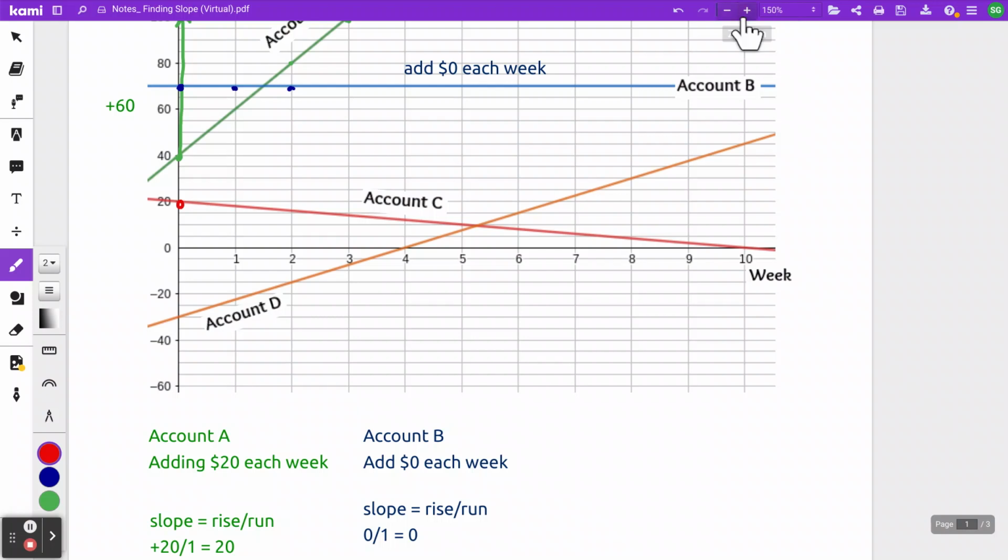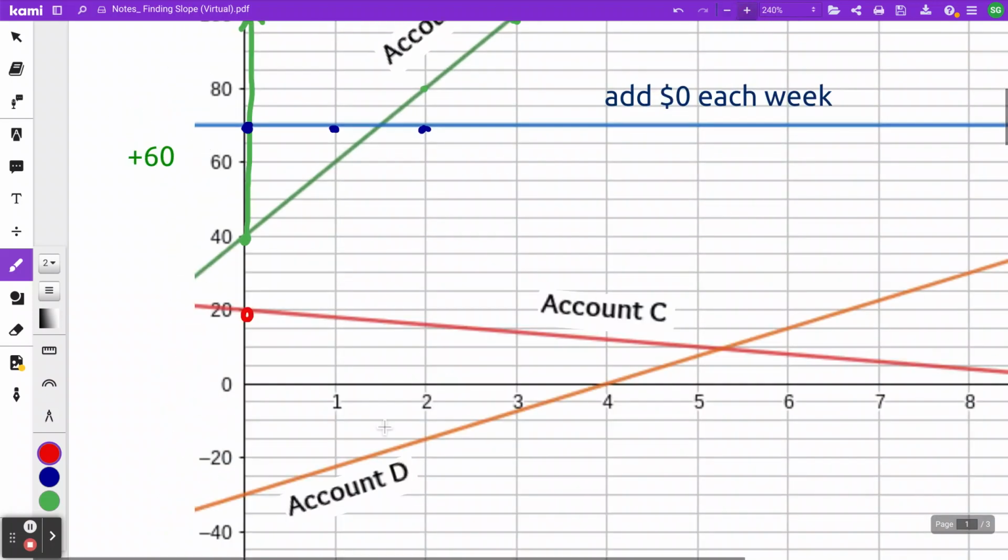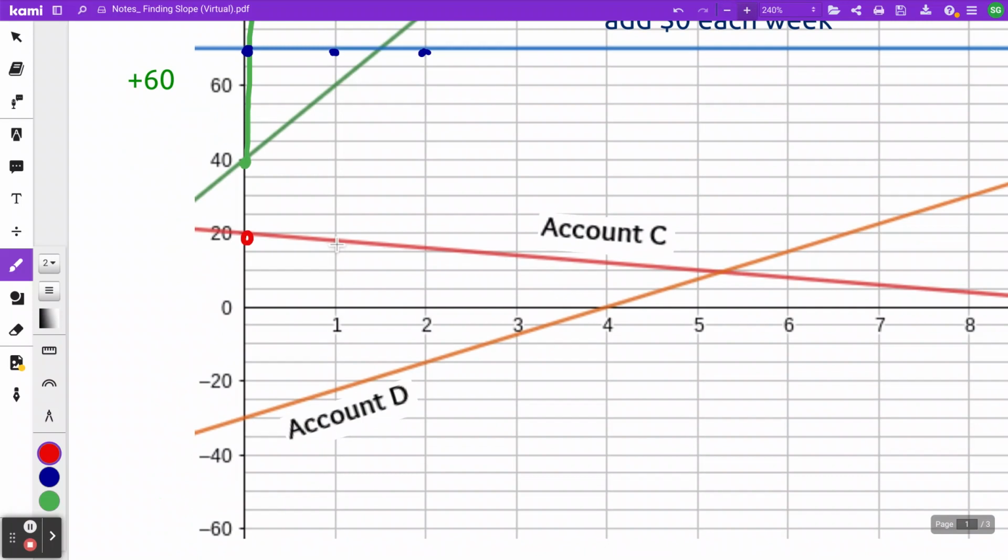And I can zoom in a little bit more for us. So notice how here it's in the middle of a box. I don't want to choose that because then I would have to guess what that number is. Is it 12? Is it 17, 18? I'm not sure. And if you look, week 2 looks tempting, but I can tell too, it's just like a little bit above the line.